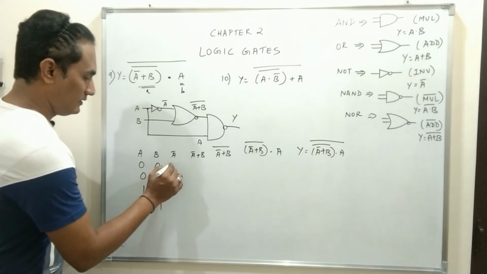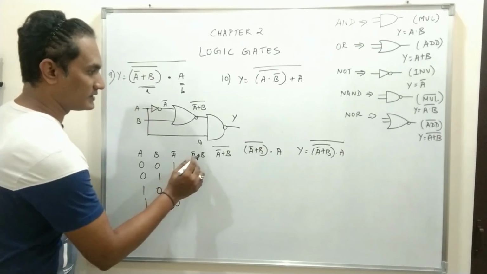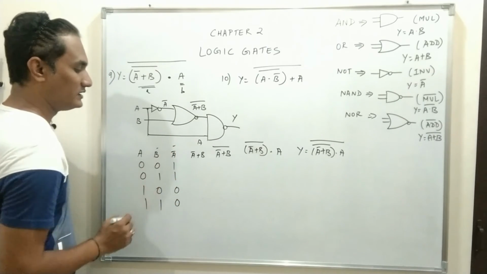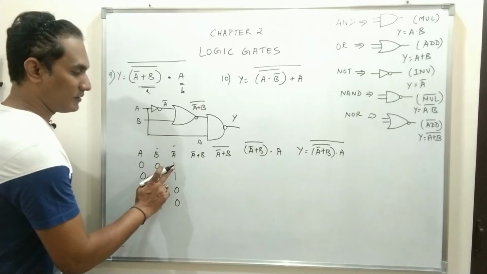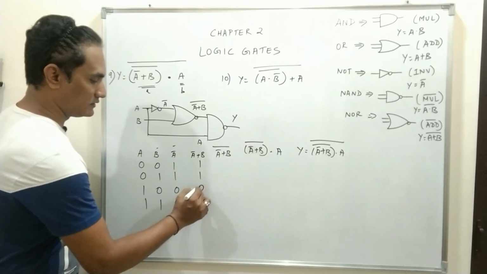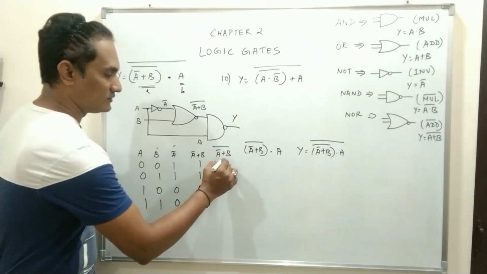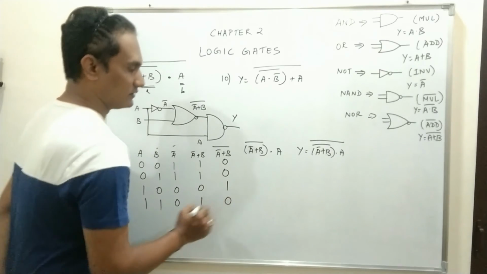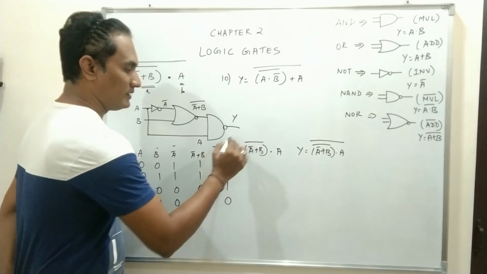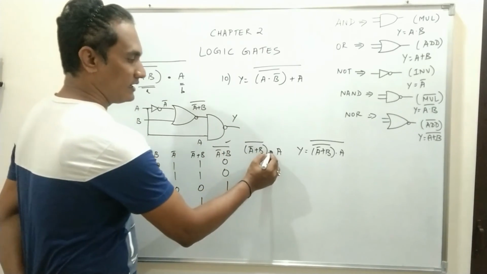A bar will be 1 1 0 0, and A bar plus B means between these two columns we have to perform addition. So it will be 1 1 0 1. Complement of this will be 0 0 1 0. Then A bar plus B whole bar, that means this column and the first column, between these two you have to apply AND logic.